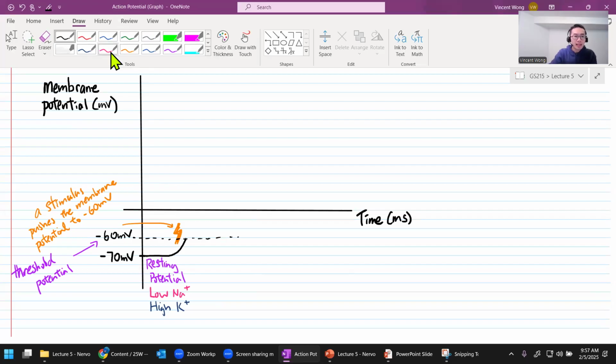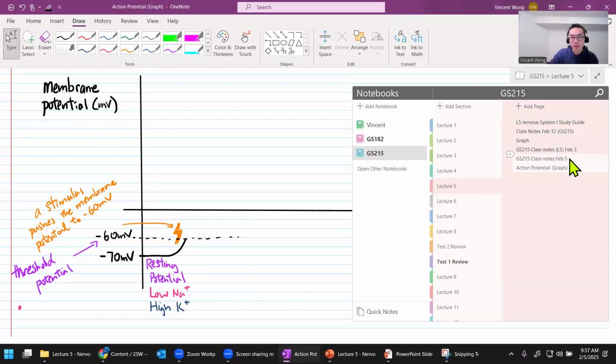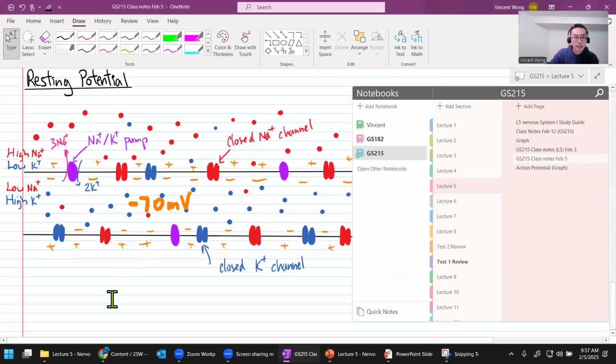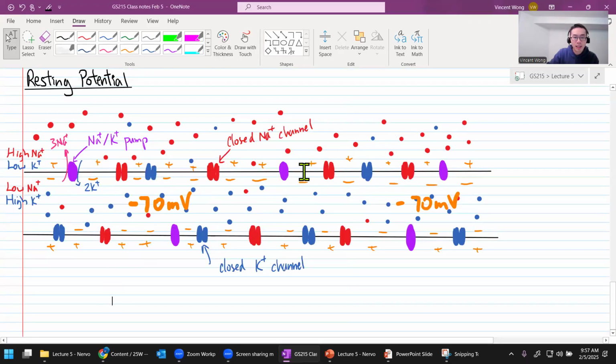What's happening at the threshold of negative 60? Let's go back to the other picture, the other note, and take a look. Remember, we have all these sodium and potassium channels. They're all closed at the moment because it's sitting at minus 70.